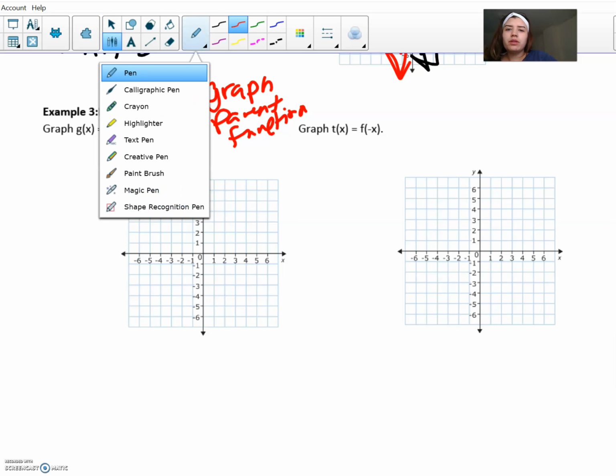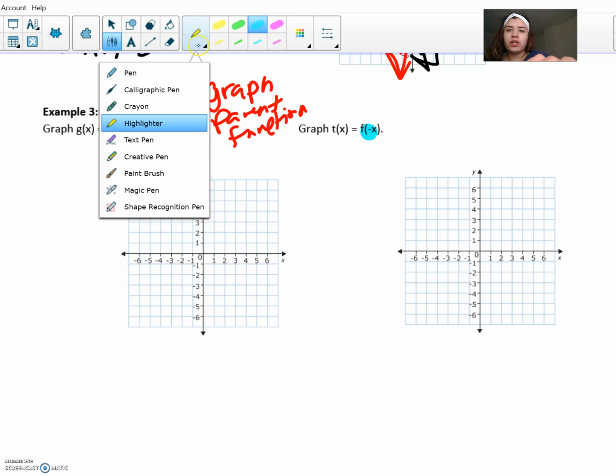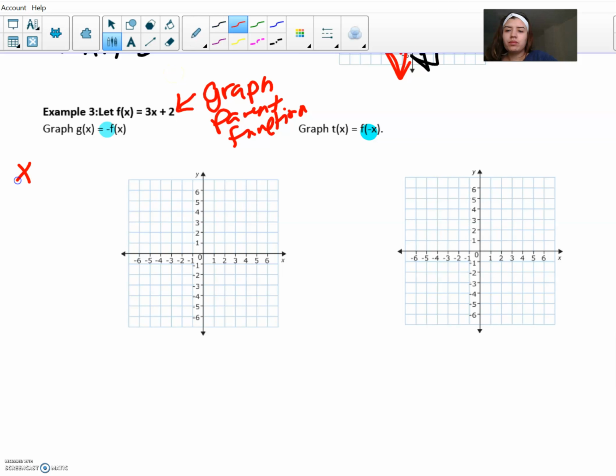And then remember, the negative on the outside is the x-axis, the negative on the inside is the y-axis. Okay, so you can, 1, make your table. So that's x with -1, 0, and 1. And then you can put it in with f of x, which is our normal. And then you're going to put it in with negative f of x.